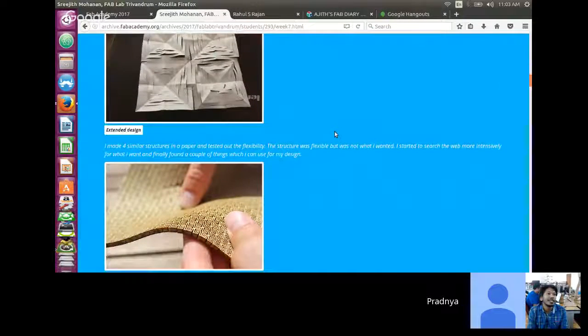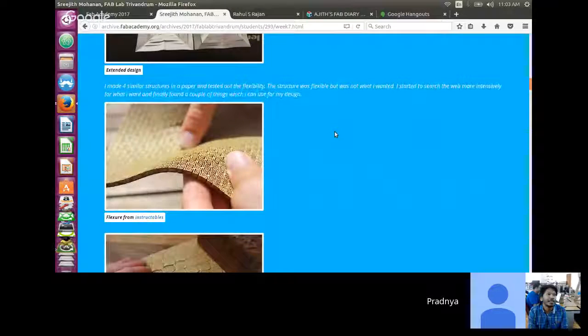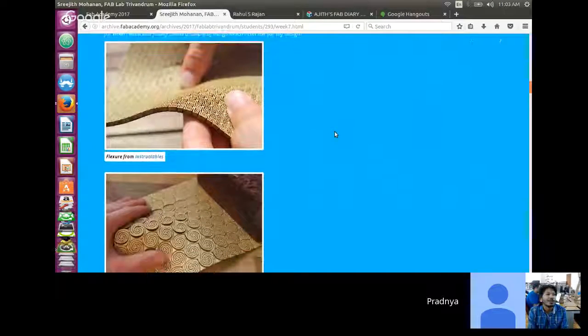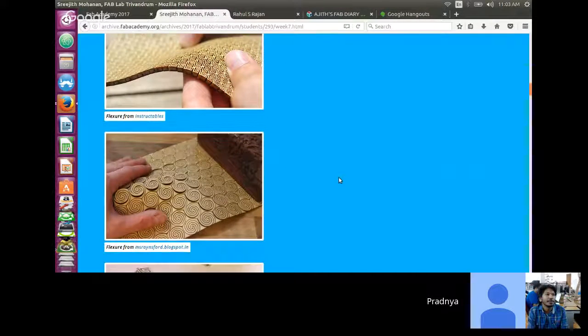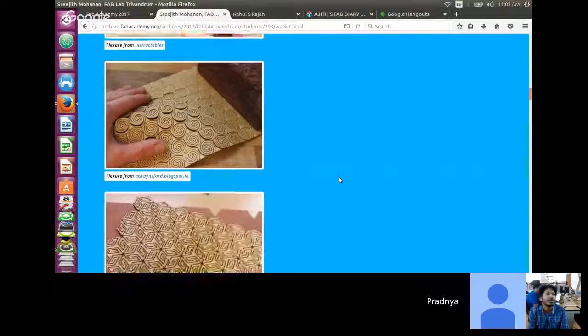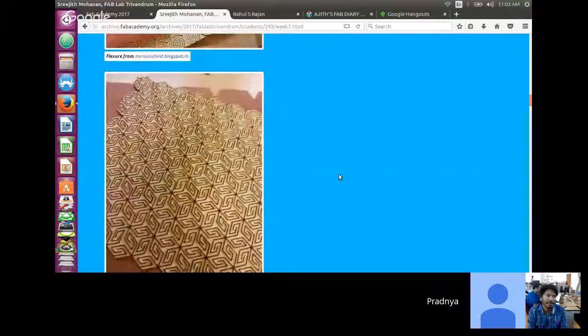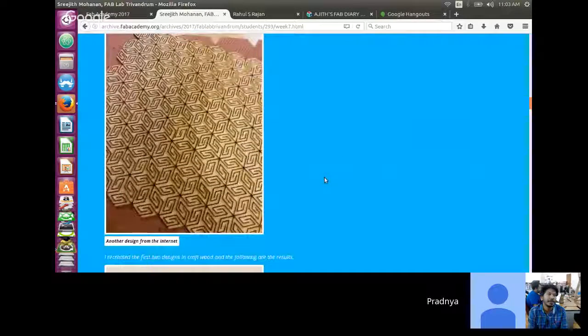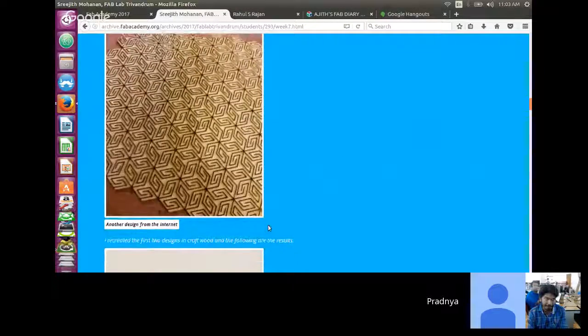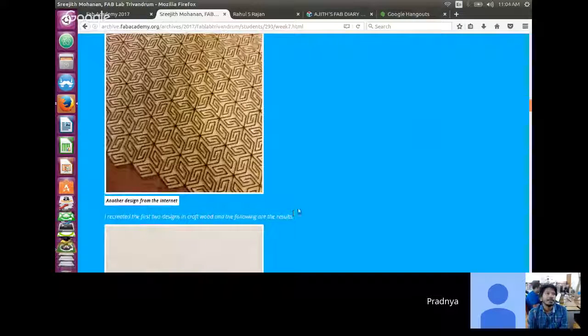These kinds of designs can make plywood flexible. These are a couple of designs from the internet. I used the same SVG files available and tried it myself on craft wood, and I could make the plywood flexible. It's quite interesting.